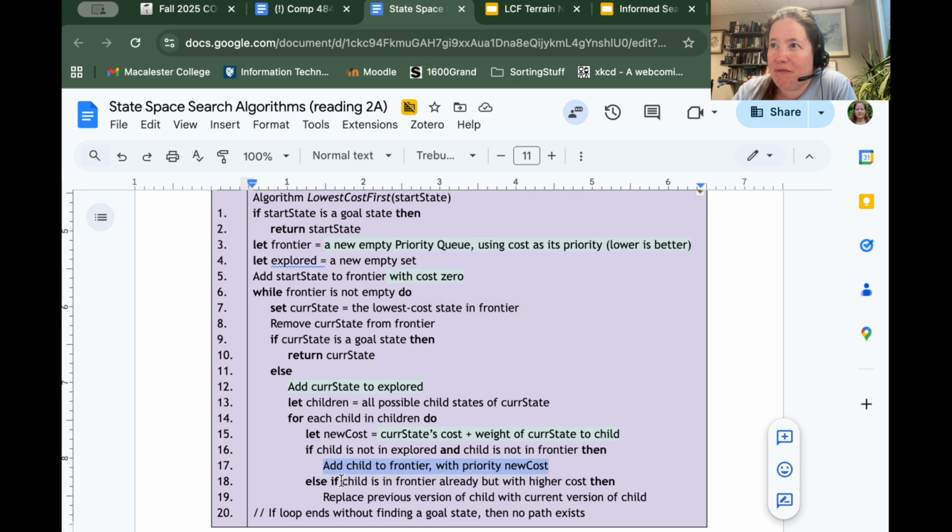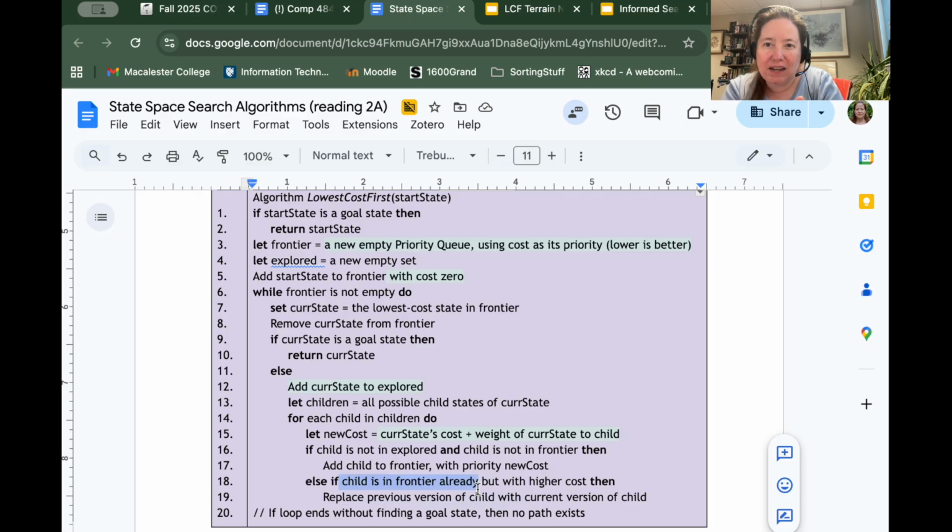But if the child is in the frontier already, there are 2 possibilities. One possibility is that the child is in the frontier, but it's the better solution. In that case, the new child that we've generated with a new path cost, we want to throw that one away. We've found another route that gets us to that, but it takes longer.